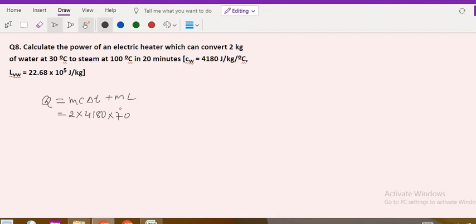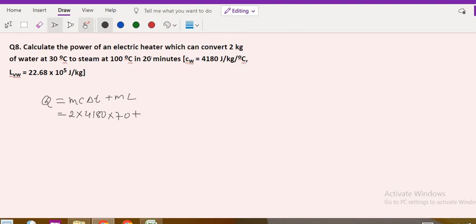This is the amount of heat which is moving the water from 30 degrees Celsius to 100 degrees Celsius. Now the further provision of heat would be changing the water at 100 degrees Celsius to steam at 100 degrees Celsius.